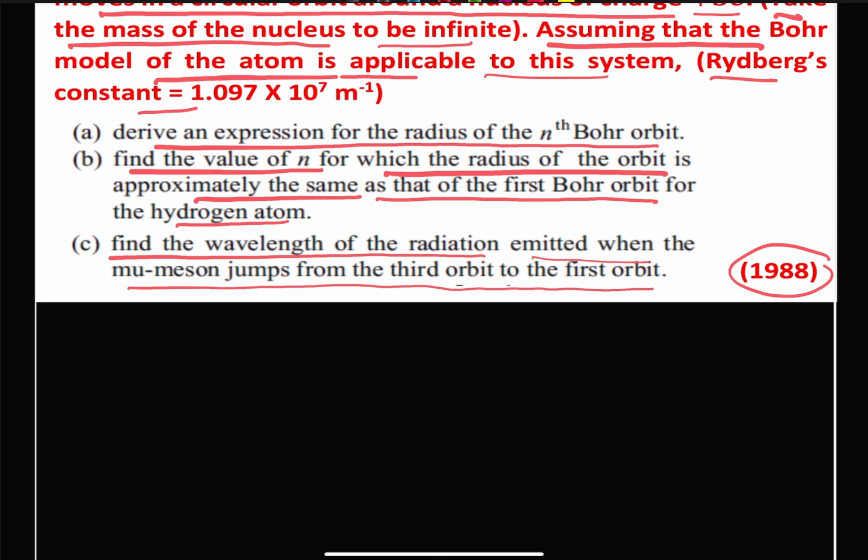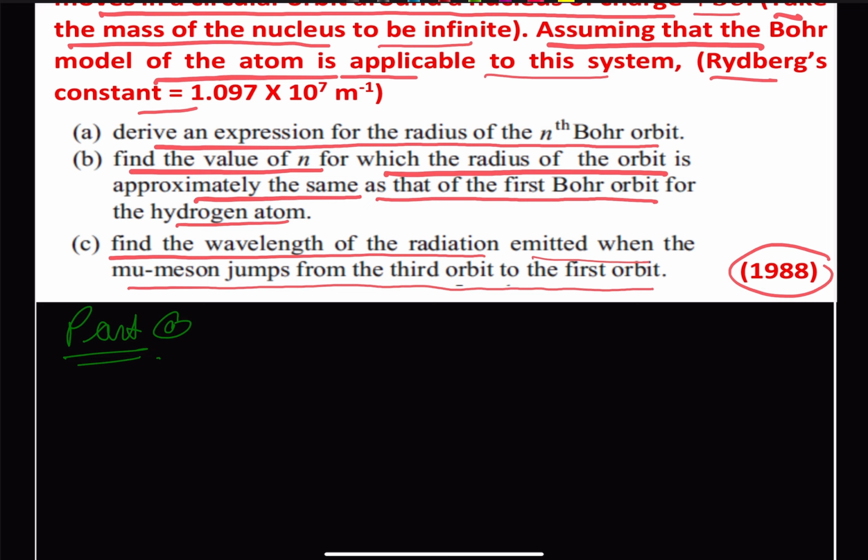So our part A, we know that the Bohr radius for the hydrogen atom relationship we know, and from there we are going to substitute the known constant and solve it further.